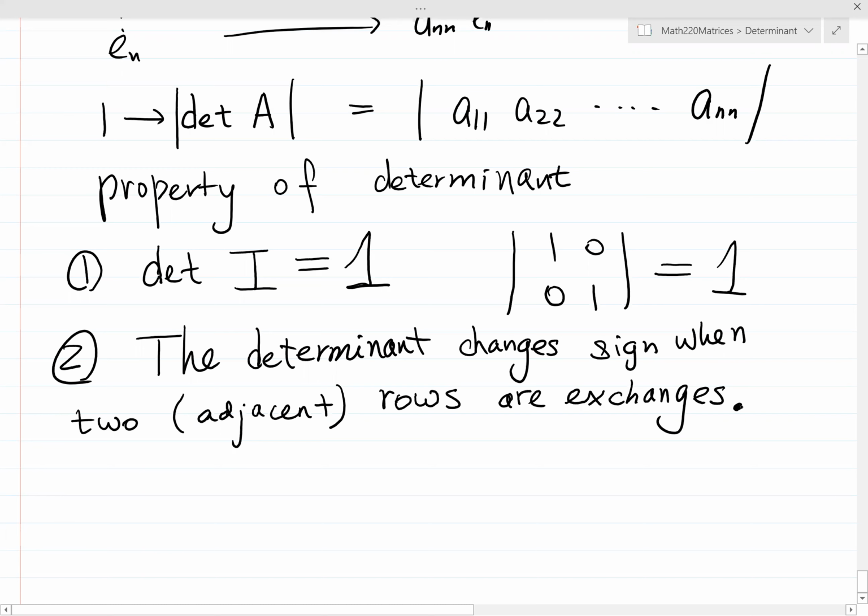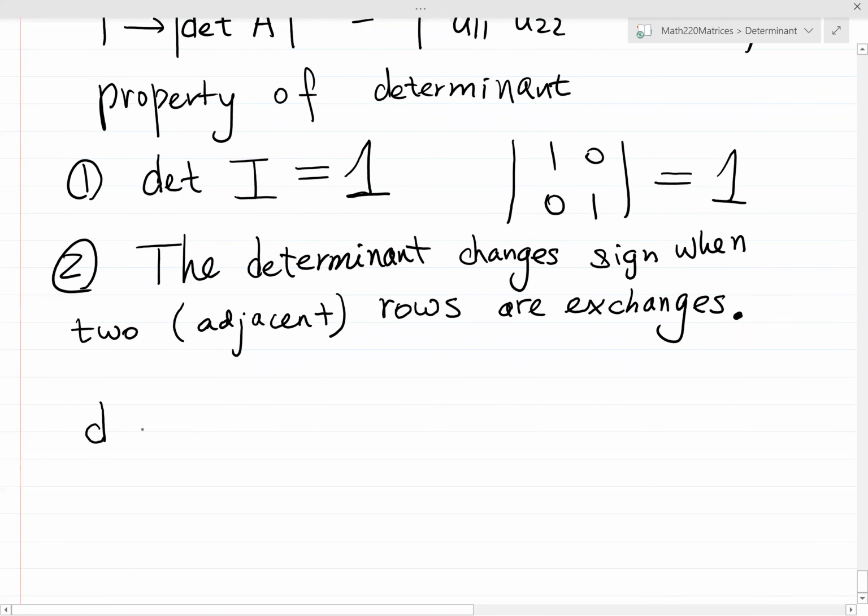Every time you exchange two adjacent rows, the determinant changes by -1. So here you see the determinant of the matrix with rows (A, B) and (C, D) is, by definition, AD minus BC.